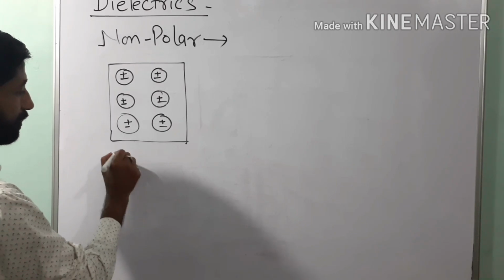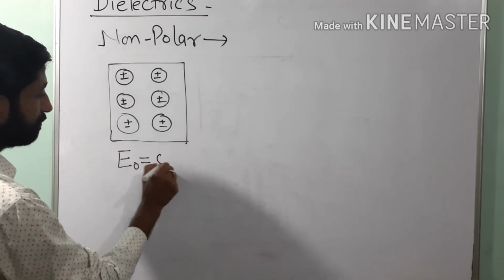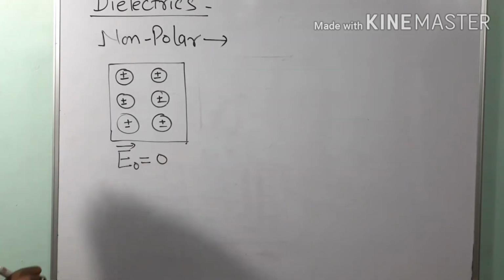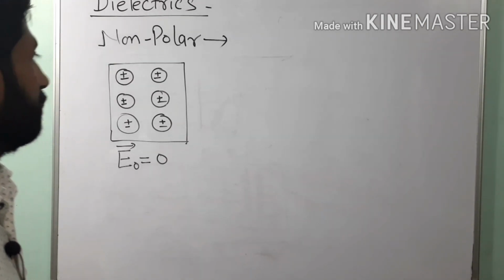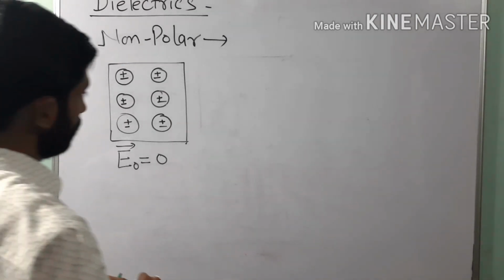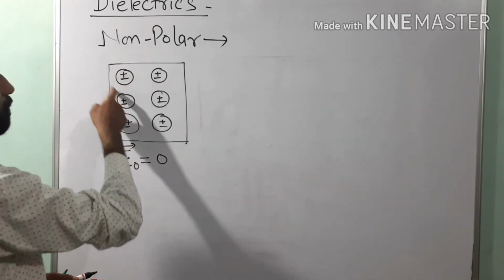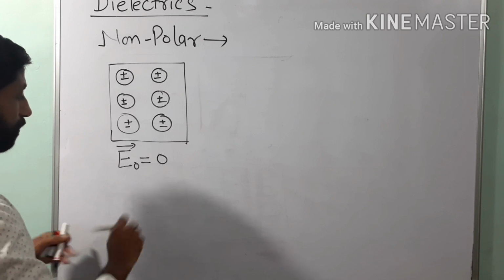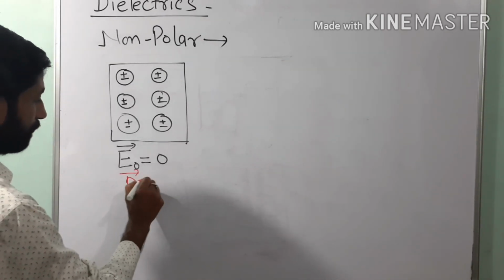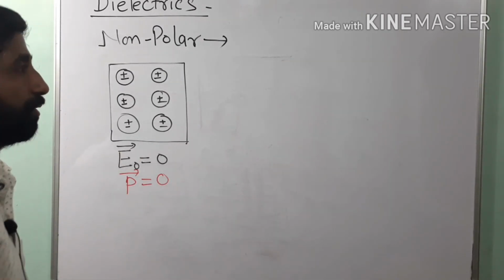And this is the situation where the external electric field is 0. Obviously its dipole moment is 0, so the net dipole moment of the whole piece is equal to 0.